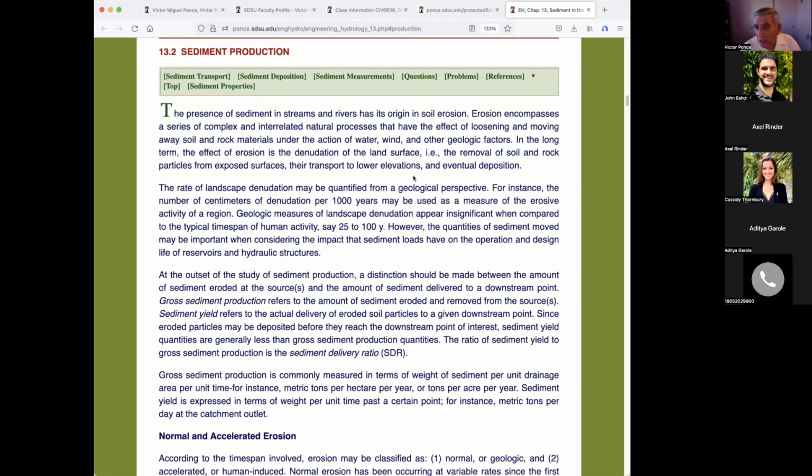Like it could be 1 centimeter per 1,000 years. That's considered to be an average, by the way. 1 centimeter per 1,000 years, 1 millimeter per 100 years. That's not a whole lot. And yet there are places where there's a whole lot more than that. But that's an average. It's considered to be an average throughout the world.